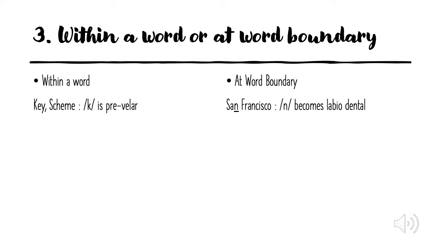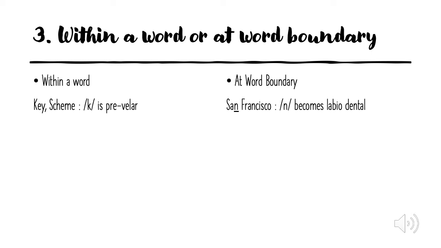As we have seen in earlier examples like "ten million" or "ten bikes" and all those other examples that we discussed, sometimes the assimilation may be at a word boundary. That is, a sound undergoing a change because of the sound that comes at the beginning of the next word or at the end of the previous word. For example, in a phrase like "San Francisco," the N of "San" becomes more of a labiodental sound.